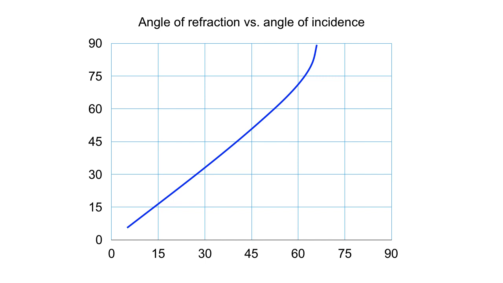And so you can see it starts to get bigger and bigger. So look down here at 30. At 30 degrees angle of incidence, the outgoing angle up here is 33. At 45, your angle of refraction is a little bit bigger.